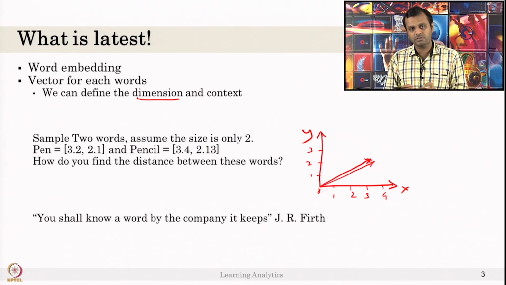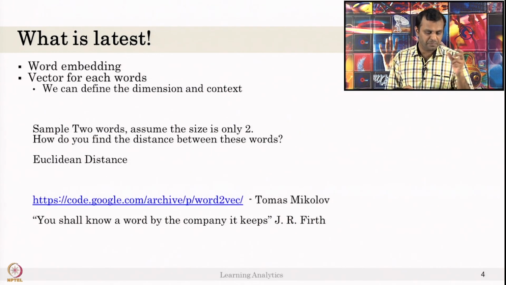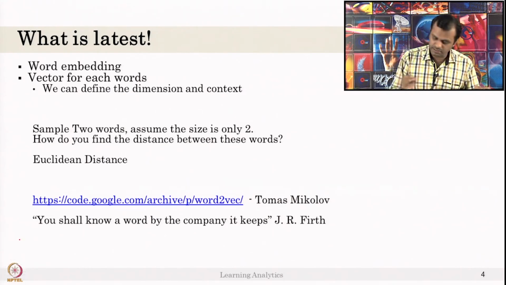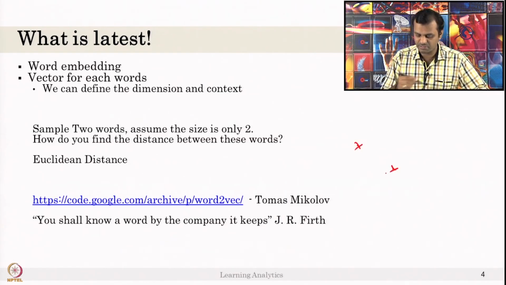Can you identify the distance? We did this once to identify the distance between two vectors. How do you do that? We did that using Euclidean distance, right. So now we have two vectors, let us put them on this complete graph.